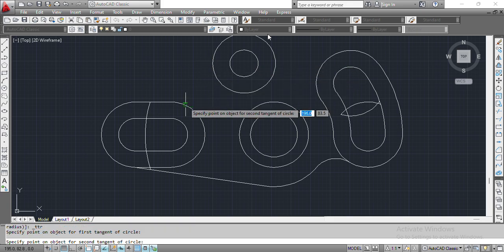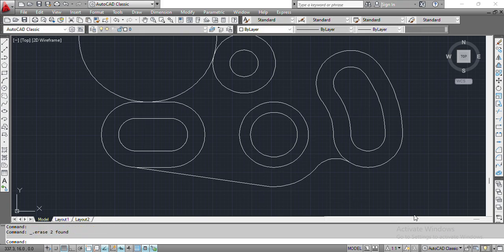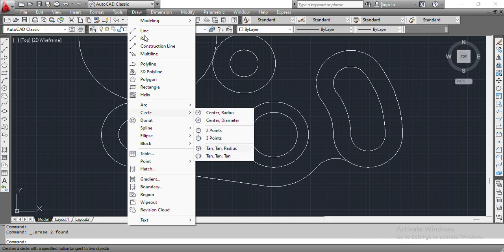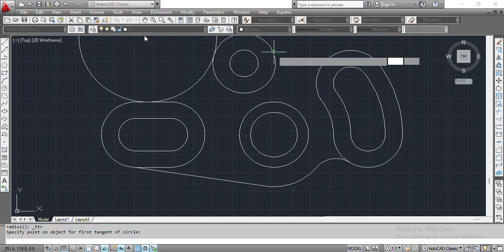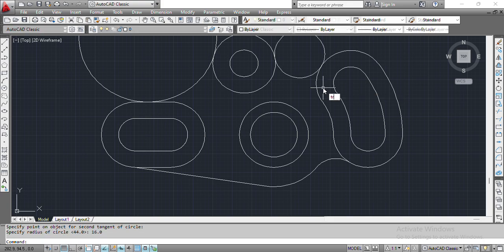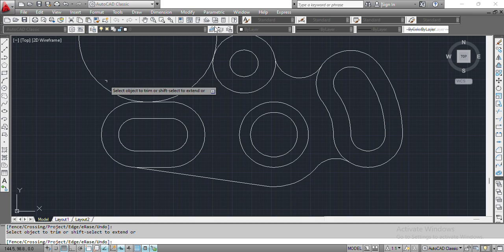This is R44.0, and lastly we add to this 16.0, after which we trim.